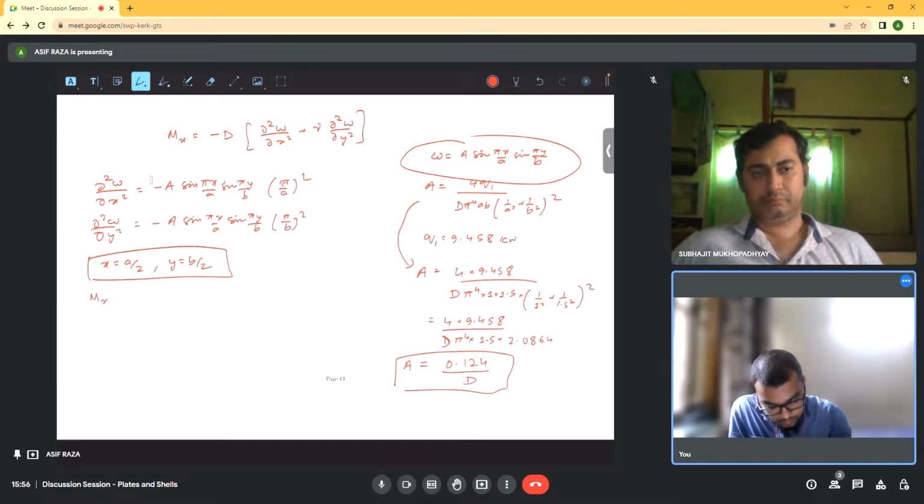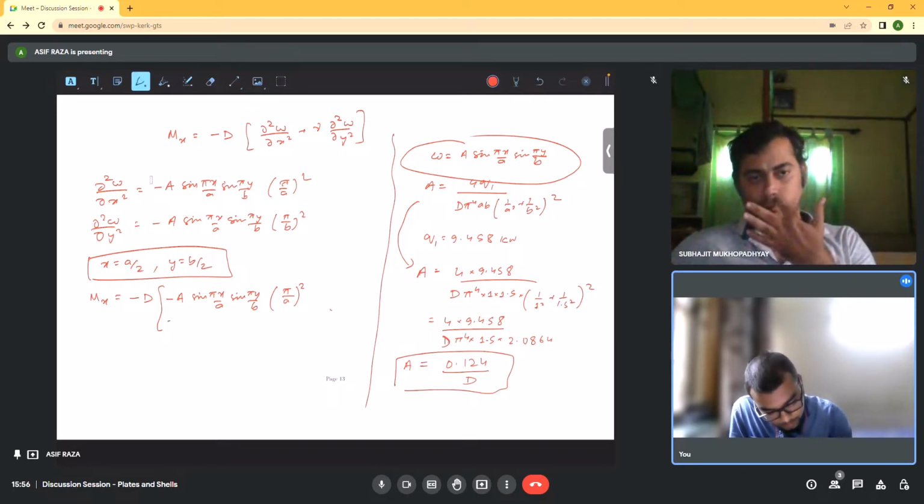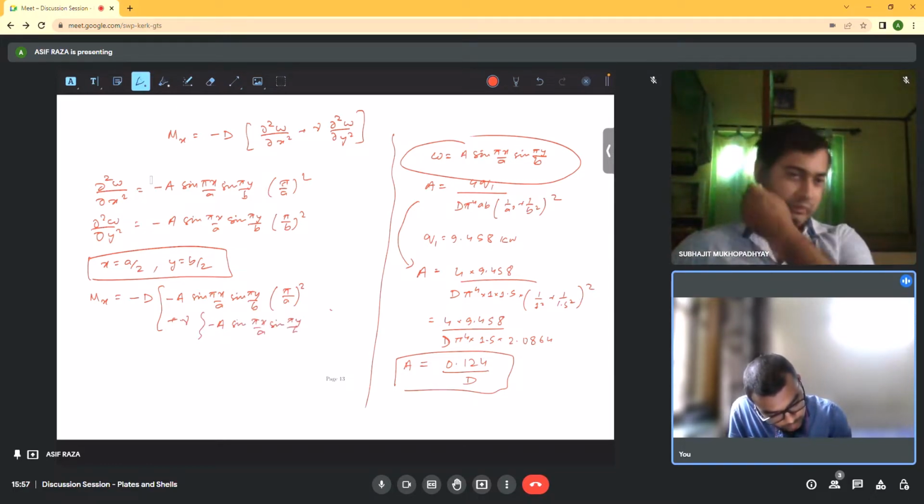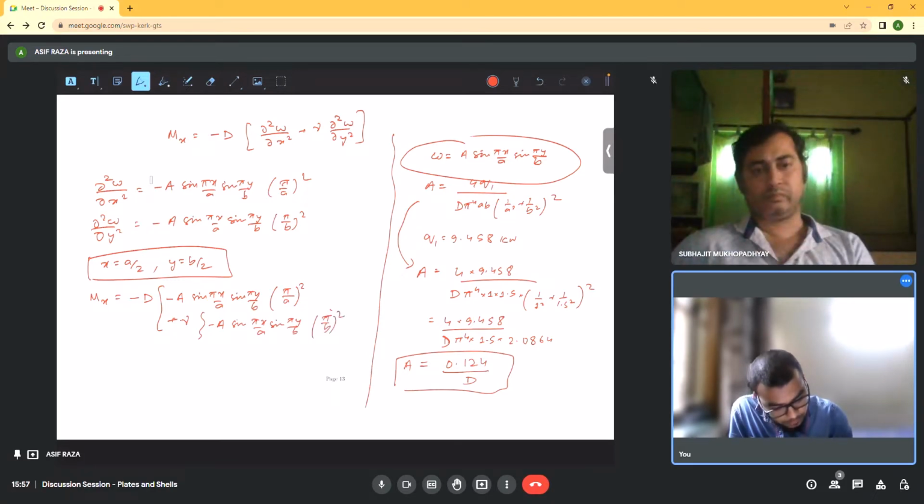So first of all, mx value will come out to be minus D times minus A sin(pi x by a) sin(pi y by b) (pi by a) whole square plus mu times minus A sin(pi x by a) sin(pi y by b) (pi by b) whole square.